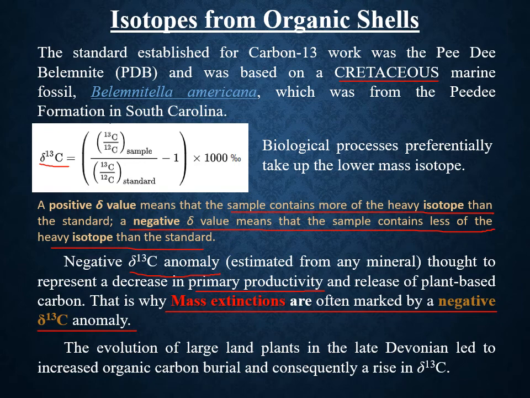If there are lots of plants, say for example, if we consider the present day atmospheric concentration of carbon isotopes, there are lots of plants, and with respect to that a fractionation occurs, and we take the present day value as a standard.